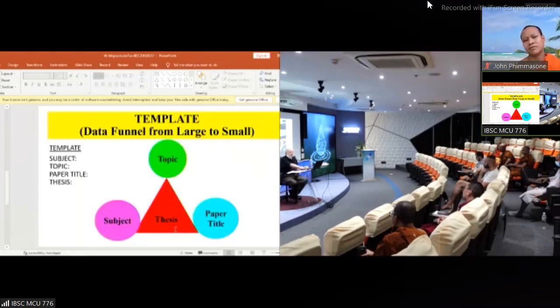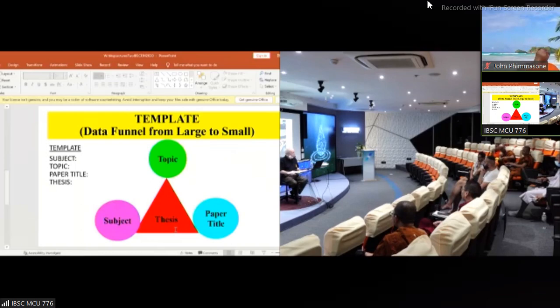What is a template? I call it a data funnel. It funnels the data you get from your research from large to small. So subject, the biggest one. If you were an undergraduate, you're not, but if you were, the subject might be the title of a book, like Asian Philosophy by John Kohler.